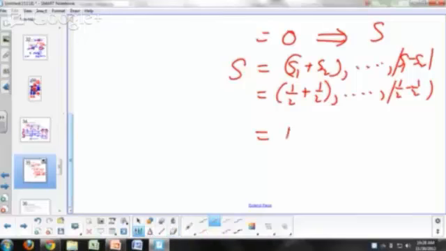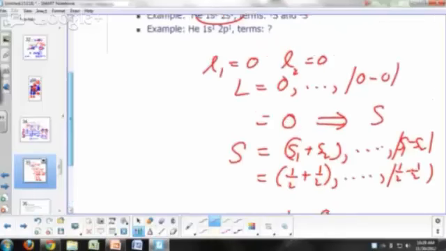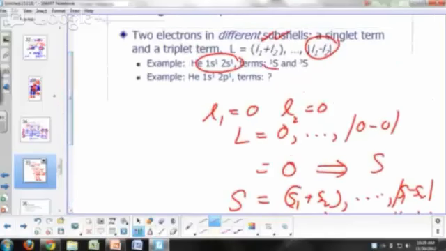So that gives you S equals 1 or 0. And this is your triplet, right? 2S plus 1 is 3. And S equals 0 would be your singlet. Okay? So your helium 1s1, 2s1 will give you a singlet S and a triplet S.